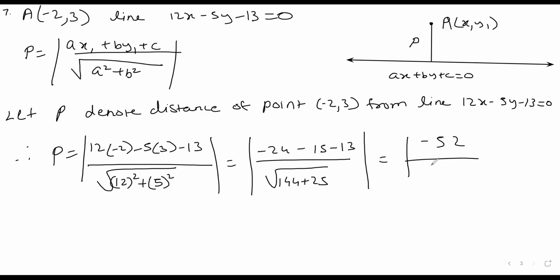Under root 169 is 13. Now because of modulus, the negative sign will go, 52 by 13. It's 4. So the distance is 4 units.